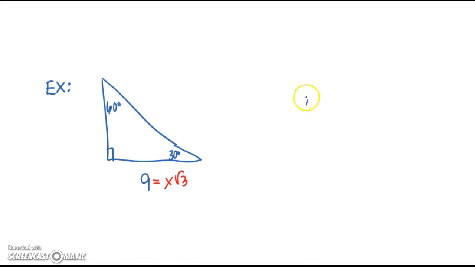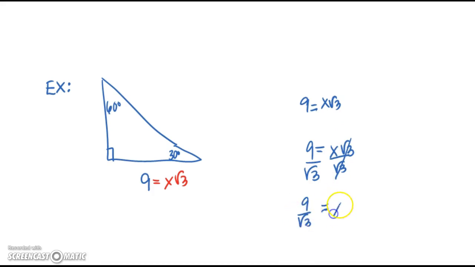And so the equation that we have to set up is 9 equals x root 3. And to solve for x, we're going to divide both sides by root 3. And the root 3's will cancel on one side, but you have 9 over root 3 left on the other.